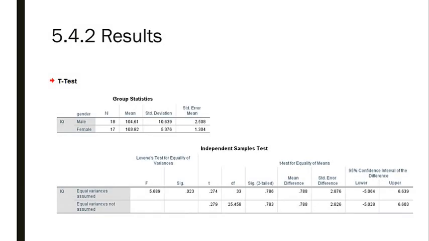Okay, so one thing we can tell from that top table with the descriptive statistics is that the mean for males is a little bit higher. Not drastically, less than 1 whole IQ point higher, but it is a little bit higher for males. You might also note that the standard deviation for males looks to be about double the standard deviation for females.